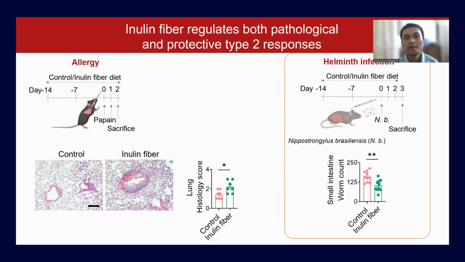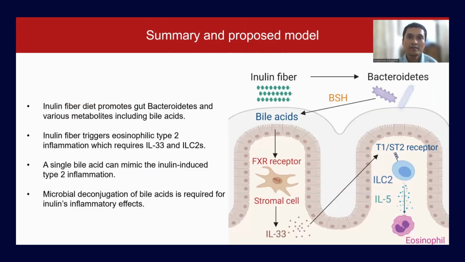On the other hand, the inulin fiber is also given to a murine model of helminth infection because eosinophils are known to have anti-parasitic activity. So as you can see here, the worm burden was actually lower in the inulin fiber group, showing that the increased eosinophils are actually beneficial and protective against helminth parasites.